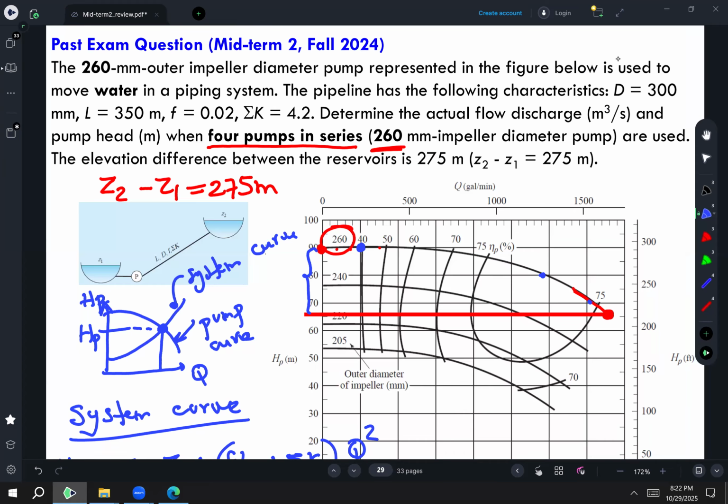Probably this point is a good option, because it's more or less distributed, and we are representing the curve properly.